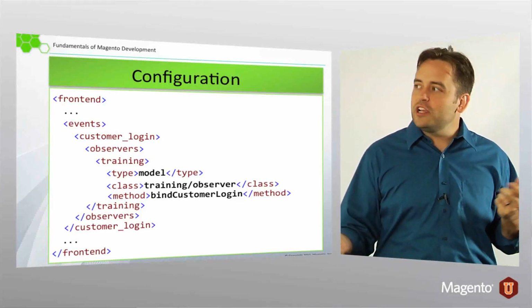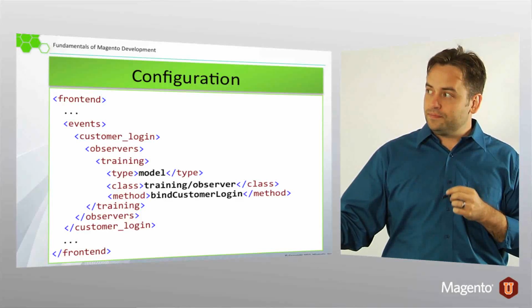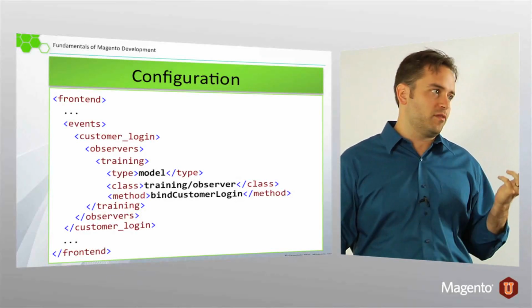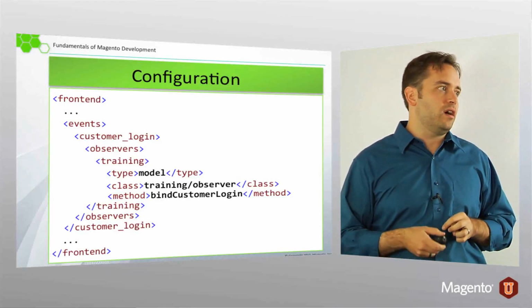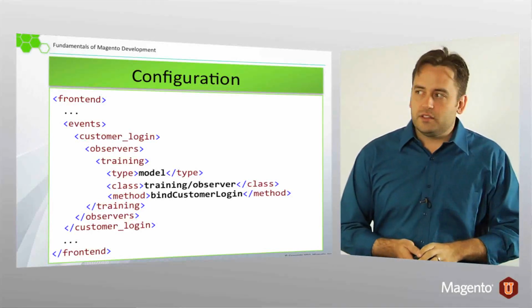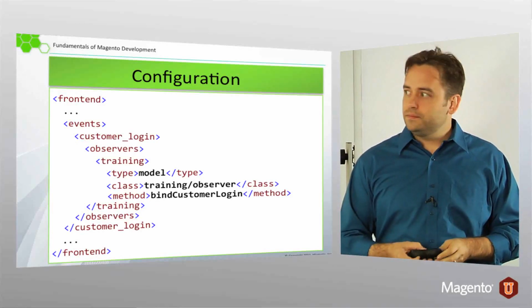So the configuration is going to look for the event node. Inside the event node, look to see if there are any children of observers. And any children of observers, the system would attempt to instantiate as an observer model.